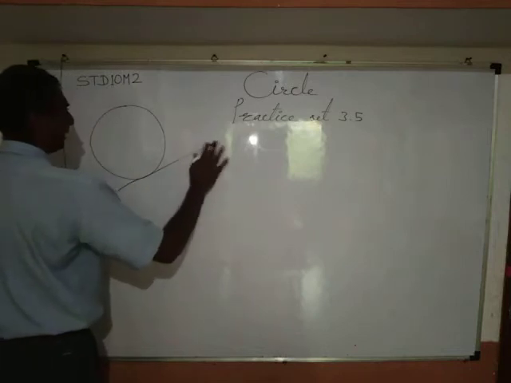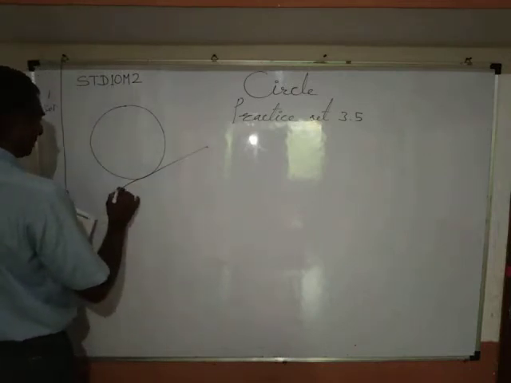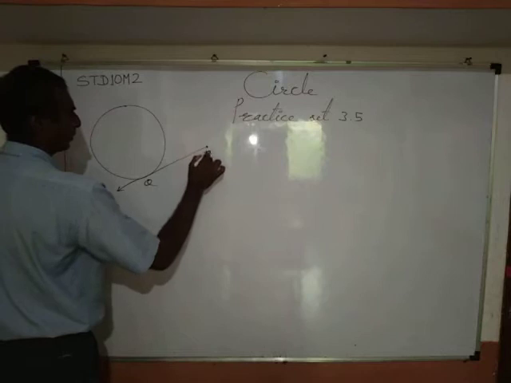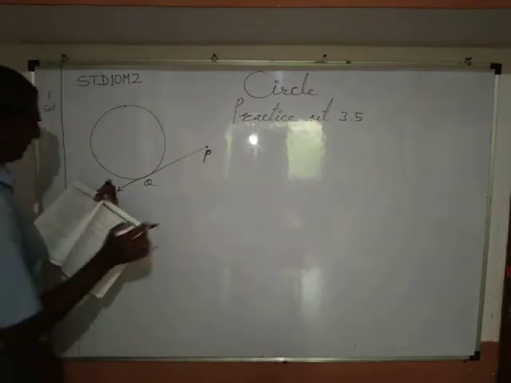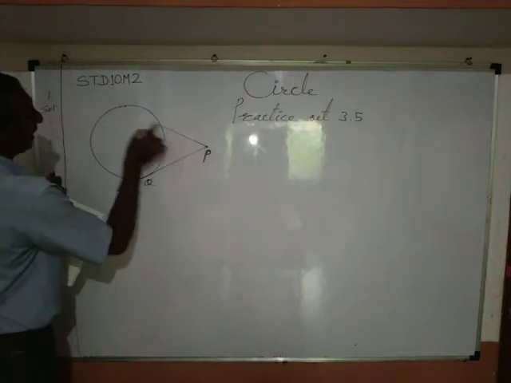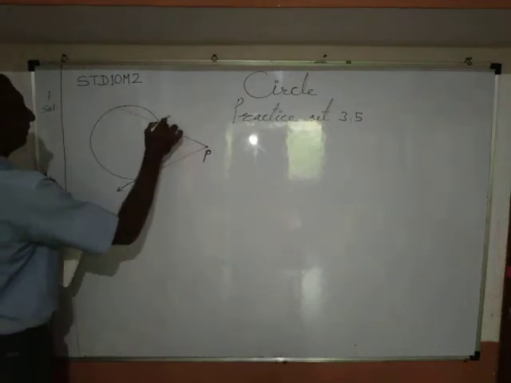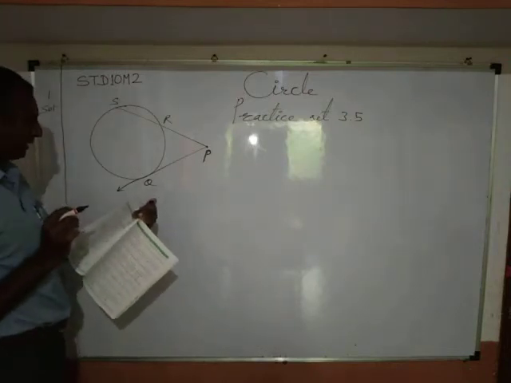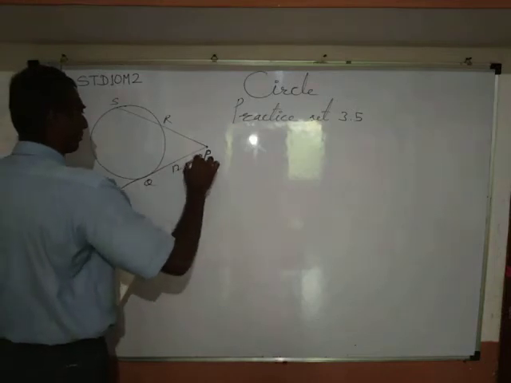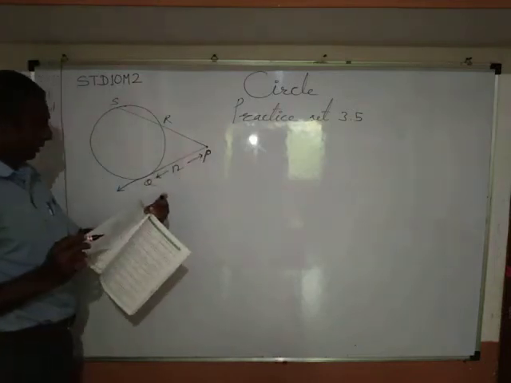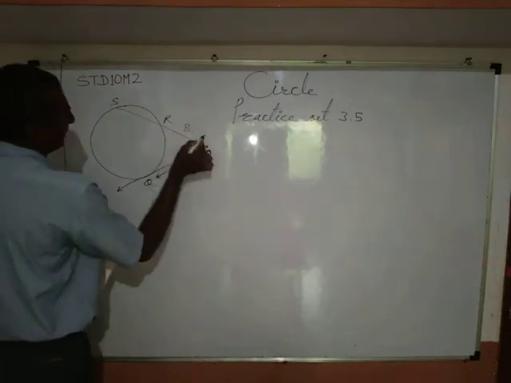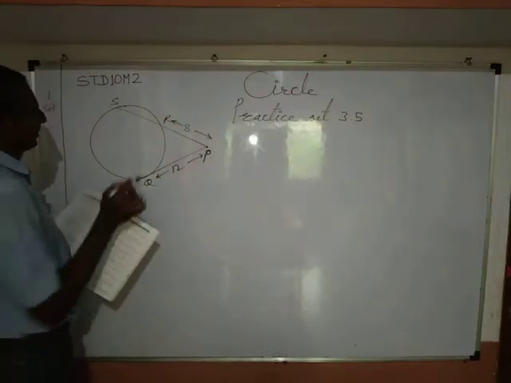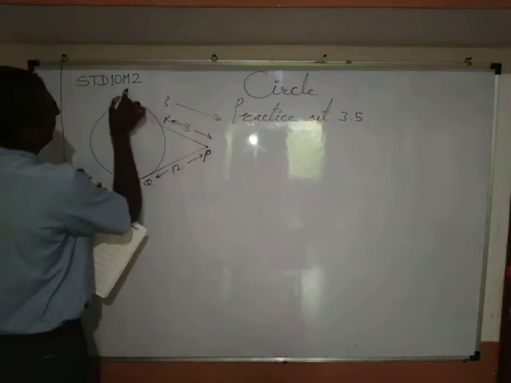Here in the figure, line PQ touches a circle at point Q and line PRS intersects the circle in points R and S such that PQ equals 12, PR equals 8. Find PS and RS.